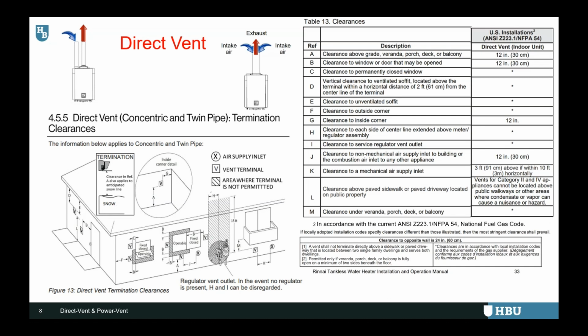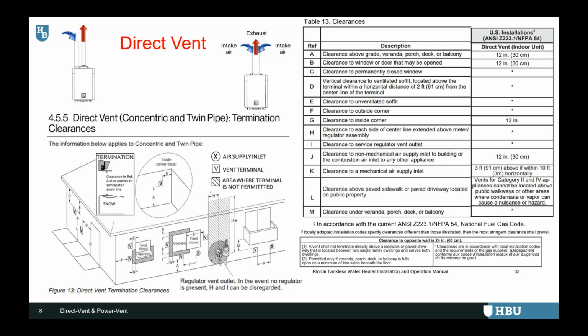However, it is crucial to remember that if the locally adopted installation codes in the St. Louis County amendments specify clearances different from those illustrated here, then the most stringent clearance shall prevail.